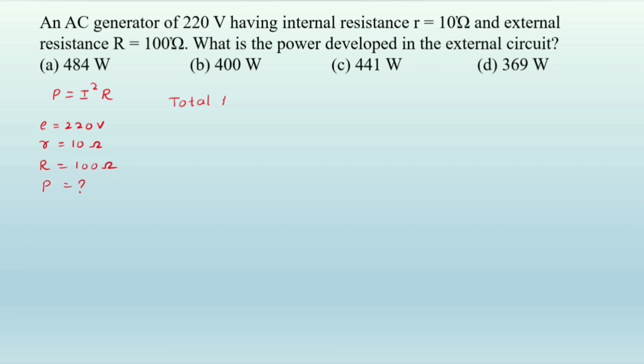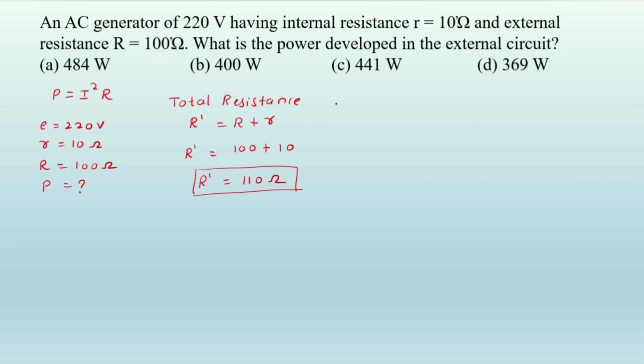Total resistance R dash equal to external resistance plus internal resistance, that is 100 plus 10. So R dash equal to 110 ohm. So this is the total resistance.